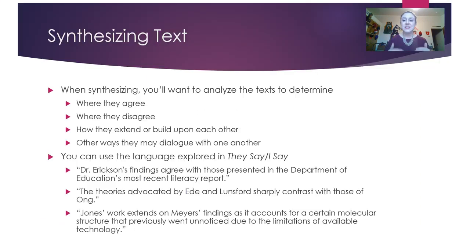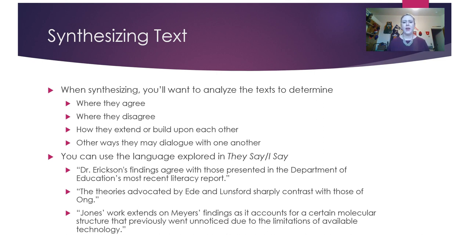Okay, so let's take a little bit of a closer look at synthesizing texts. Now, when synthesizing text, there are many things that we can keep an eye out for. Some of the most common things, though, is that you want to ask yourself, okay, where do certain sources agree? Where do certain sources disagree? How do they extend or build upon each other?